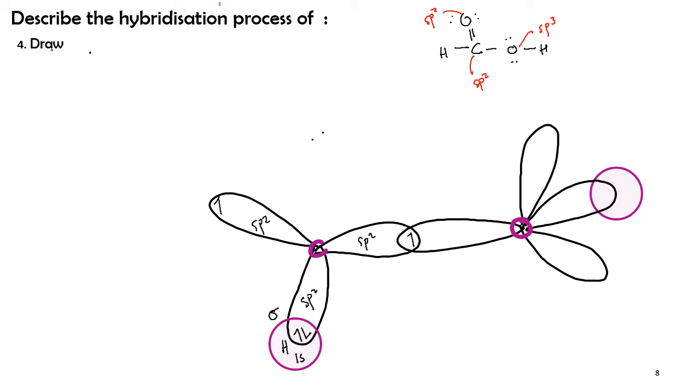So at this carbon, it will overlap here to form a sigma bond with the oxygen atom. So this is the sp3 hybrid orbital. And each of these has 2 lone pairs.